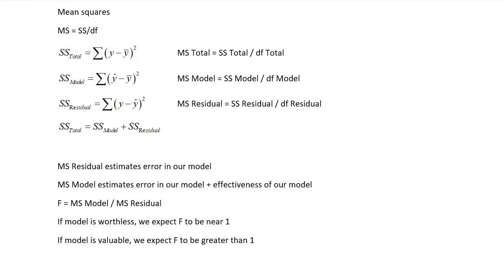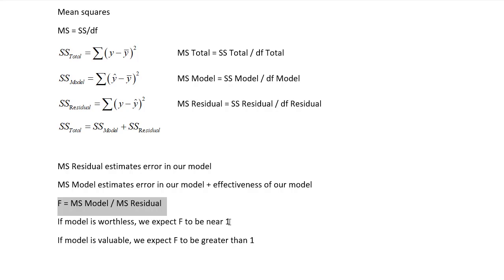I left off in the discussion of mean squares by talking about the ratio of two mean squares, mean square model and mean square residual, that actually provide us an F statistic. And so if the model is worthless, I said we expect the F to be near 1 because the mean square for the model and the mean square for the residual are both estimating error variation.